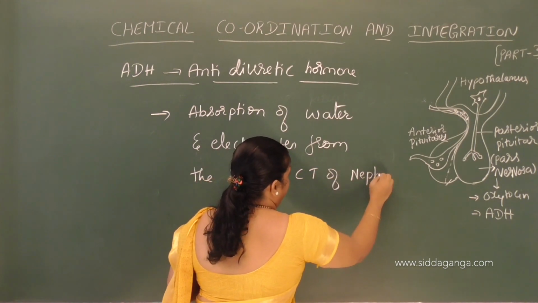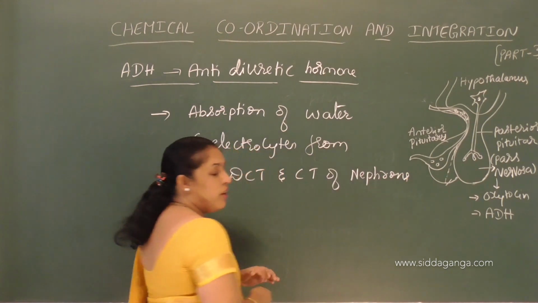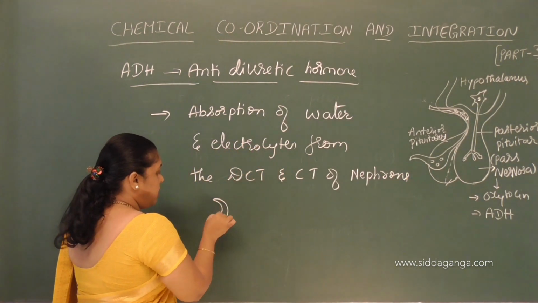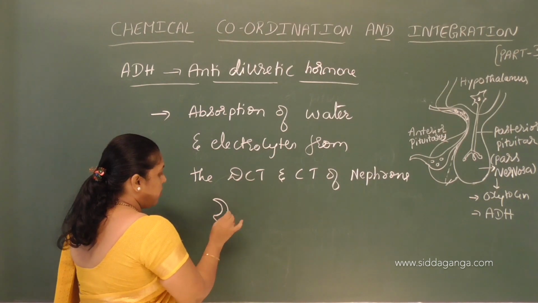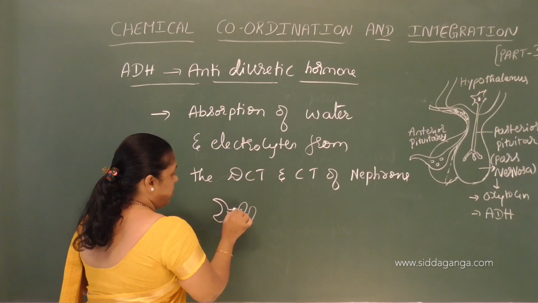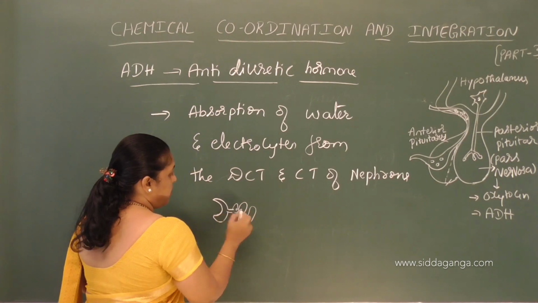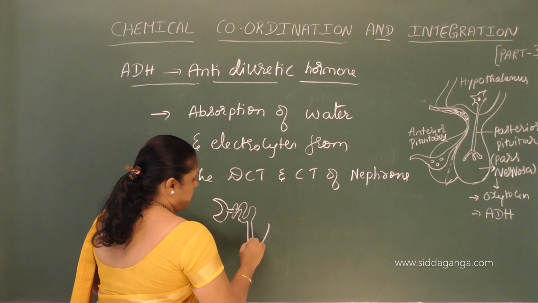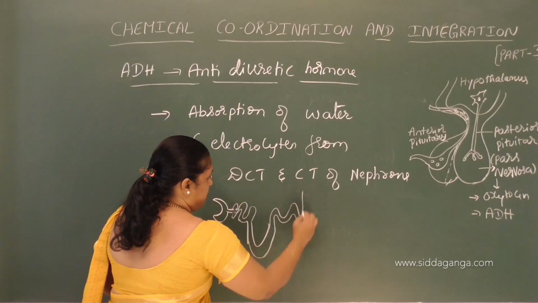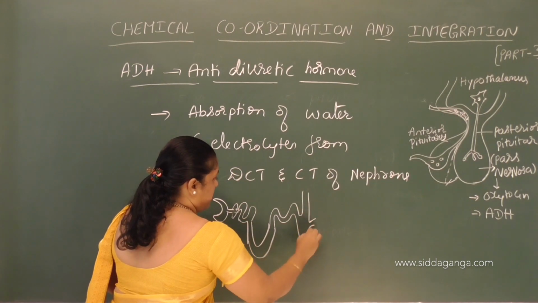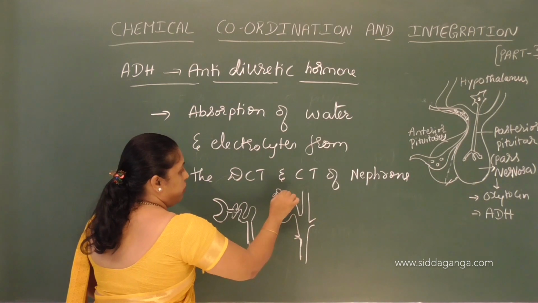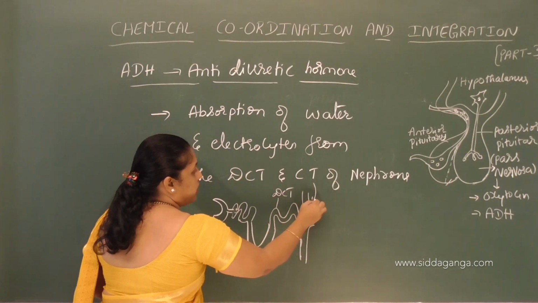nephrons or uriniferous tubules. So, have you studied this in the excretory system? This is the distal convoluted tubule, this one is collecting duct.